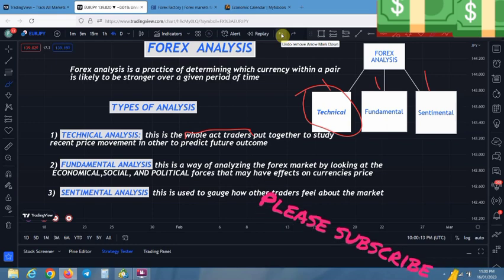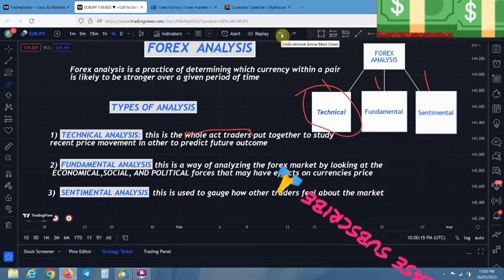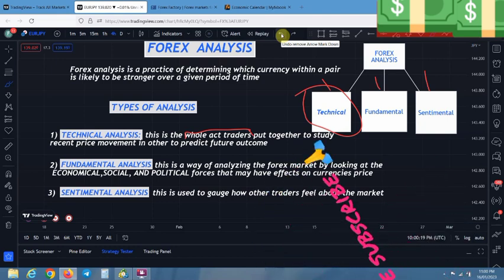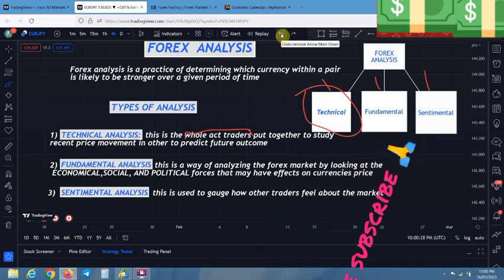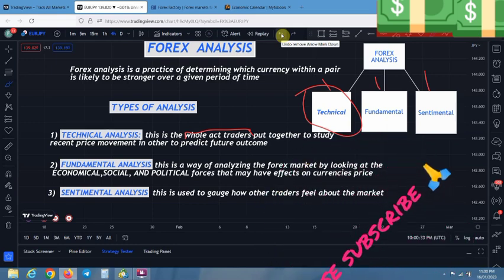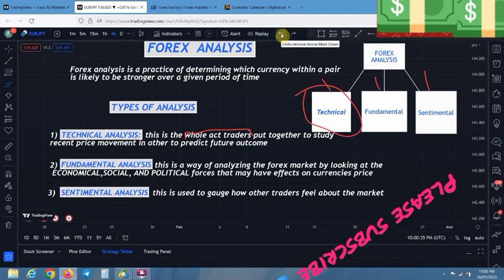If you have like 3 to 5 confluences and they all align to support your bias in the market, then there's a higher probability that your trade is going to play out the way you intended, right?